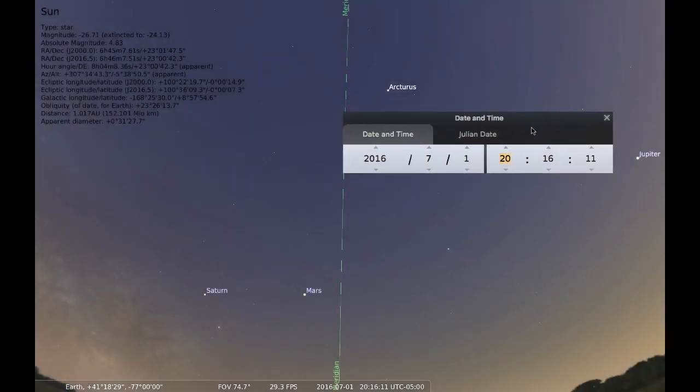Right, let's say 8 o'clock in the evening. And if we look at the Julian date, all right, it's 2,457,751.55292. So you see that we've gone more than 2 million days since that date in 4,713 BC.